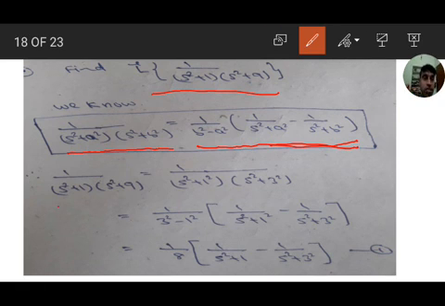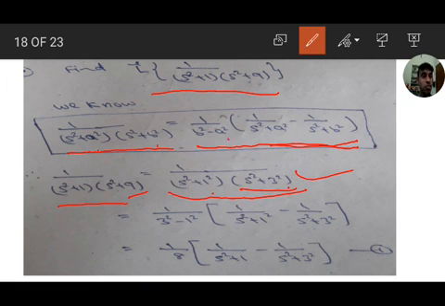Here 1 by (s square plus 1)(s square plus 9) can be written as 1 by (s square plus 1 square)(s square plus 3 square), so a square is 1 square and b square is 3 square.